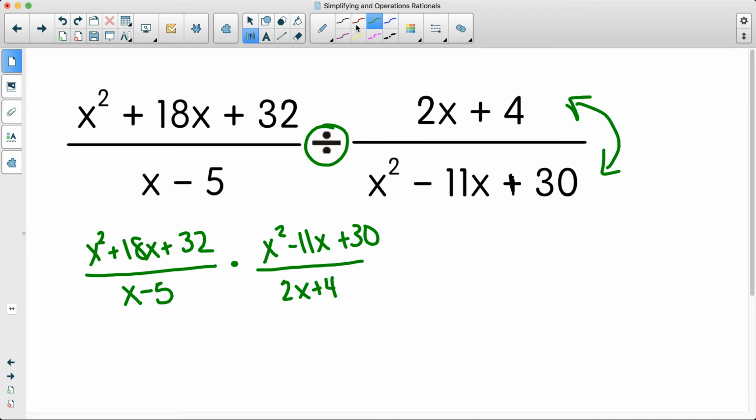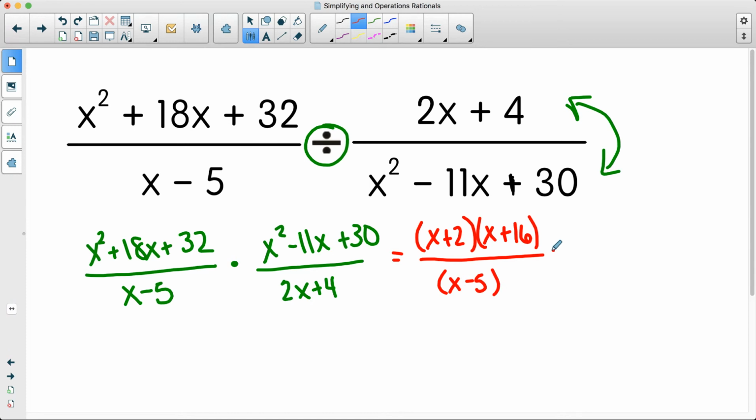All right, let's go ahead and factor. So x squared plus 18x plus 32, I'm pretty sure that factors in x plus 2 times x plus 16, all over x minus 5 does not factor, times second fraction, x squared minus 11x plus 30, that's x minus 5 times x minus 6, 2x plus 4, take out a 2.